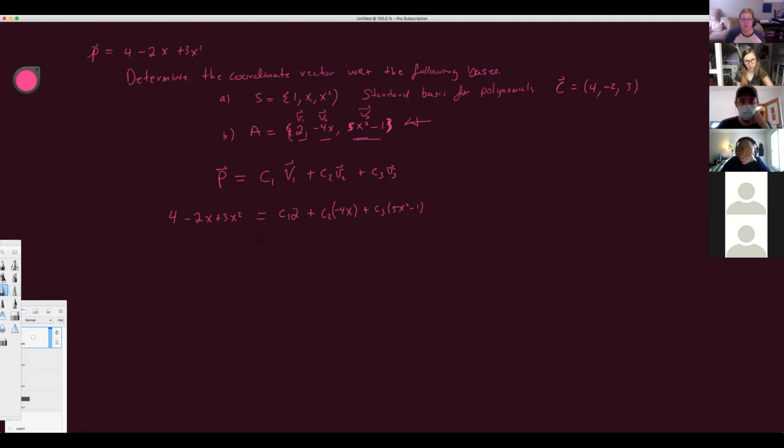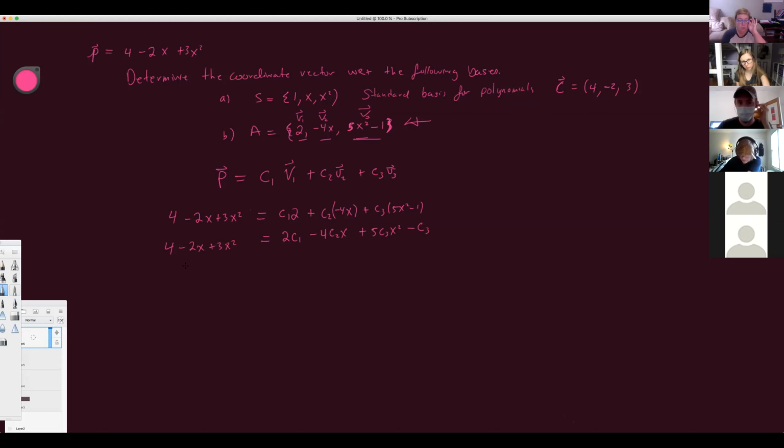Now let's expand a little bit here. So 2c1 minus 4c2x plus 5c3x squared minus c3. Yeah? So with me so far, yeah? Okay, and that's over here equal to 4 minus 2x plus 3x squared.